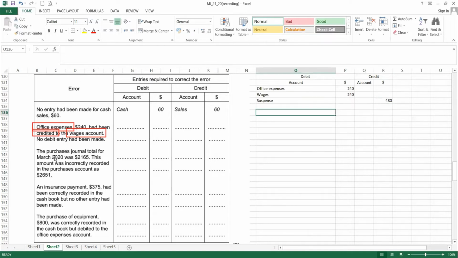Okay, next is that the purchases journal total for March was 2165. This amount was incorrectly recorded in the purchases account. So first of all, need to see whether over or under. It was incorrectly recorded in the purchases account as 2,600. That means purchases account overstated. Purchases account should be in the debit side.